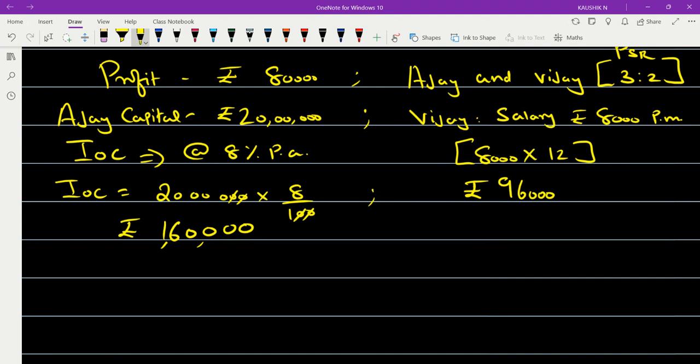So for one partner, it is interest on capital. For another partner, it is salary. And both these items are appropriations.